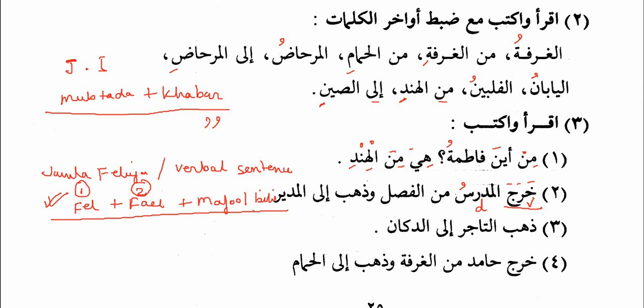So in this case, the fa'il will always have a dhamma. That means the fa'il will fall under the case of marfu. And the maf'ul bihi, the extra, will always fall under the case of mansub with fatha. It's called mansub.